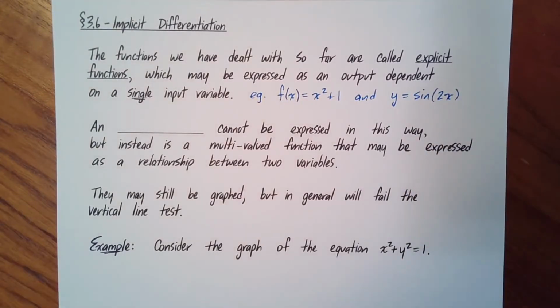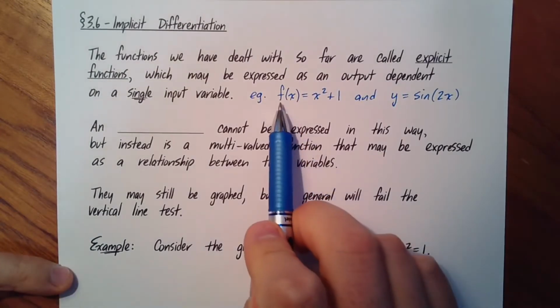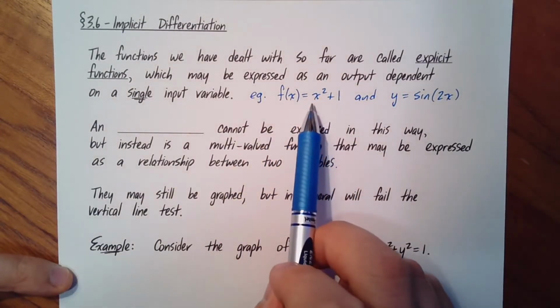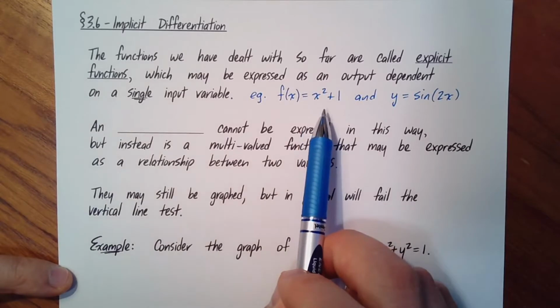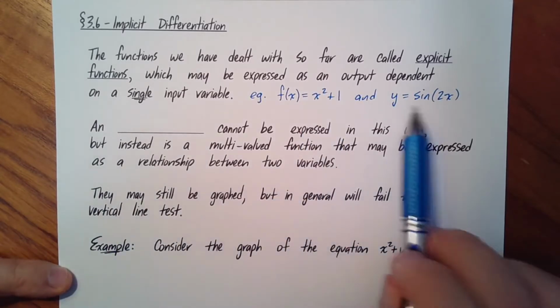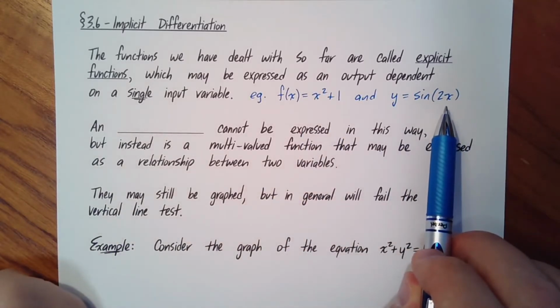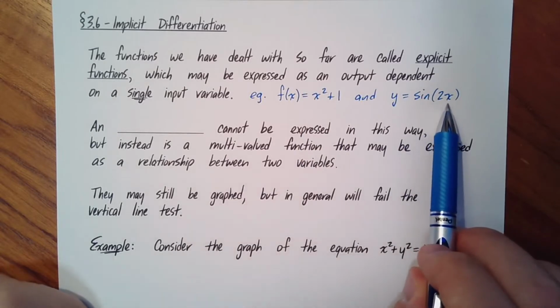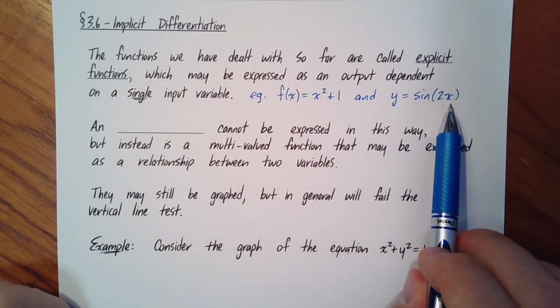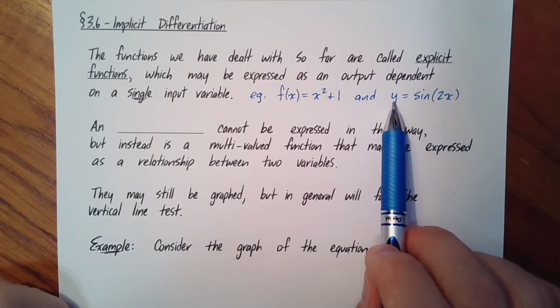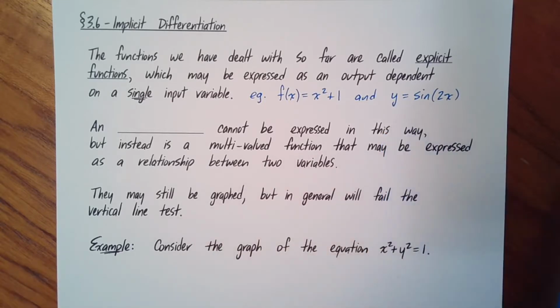Those are both examples of explicit functions, because if you plug in an input variable, you'll get an output which is uniquely determined based on the input. So for example, how does this function work? You plug in an x value, it squares it, adds 1, and then sends it right back to you. What about this one? You plug in an x value, it multiplies it by 2, plugs it into sine, records the result in the variable y, and then sends that back to you as output.